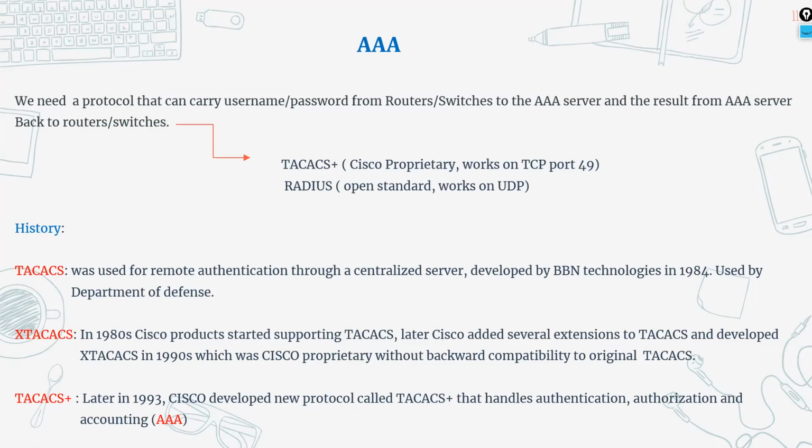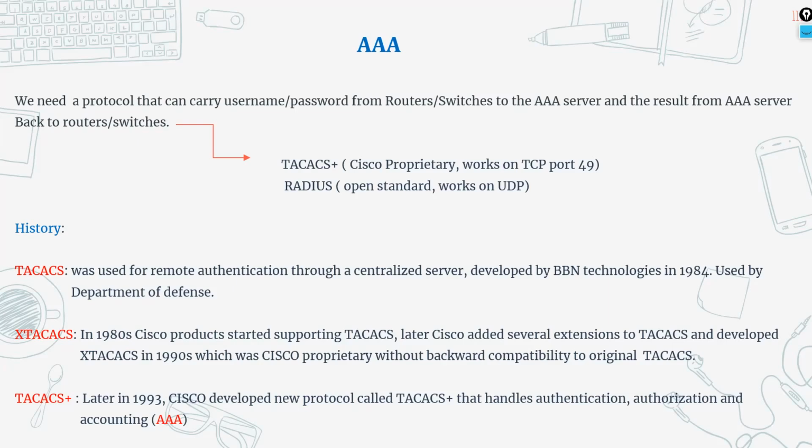Now, as we discussed, why is there a plus in the TACACS name? There was one company named BBN Technologies. That particular company developed the TACACS protocol that was used for remote authentication through some centralized servers. Later on, this particular protocol was used by the Department of Defense.